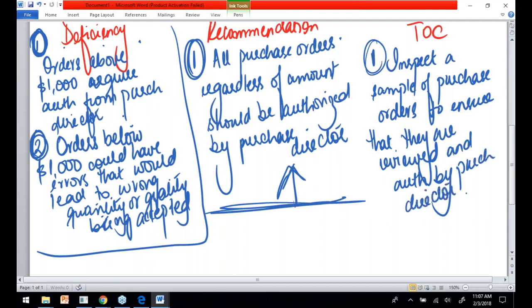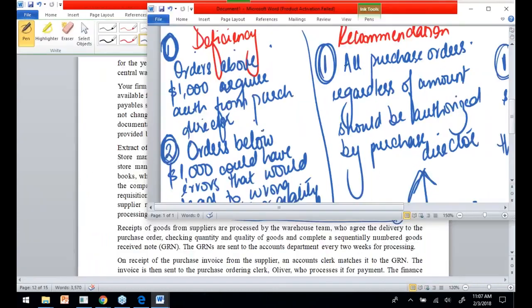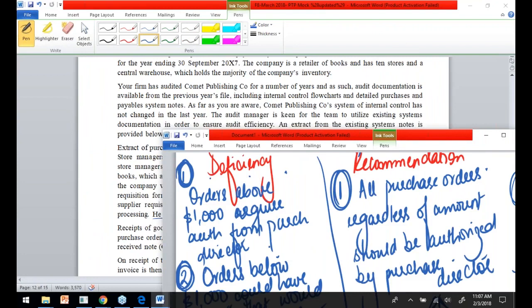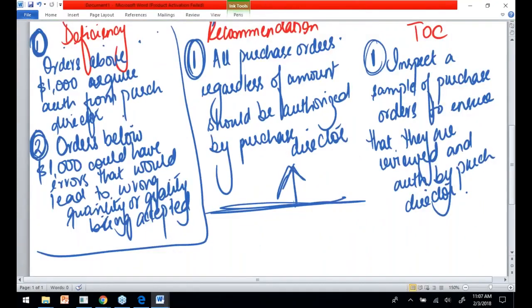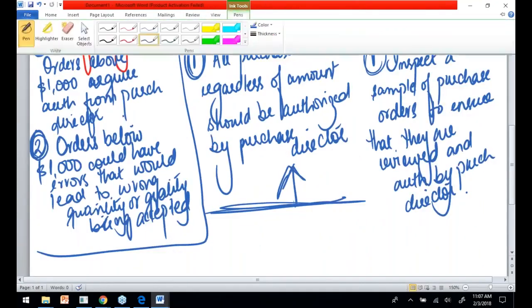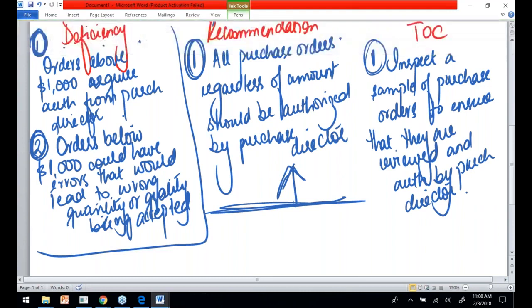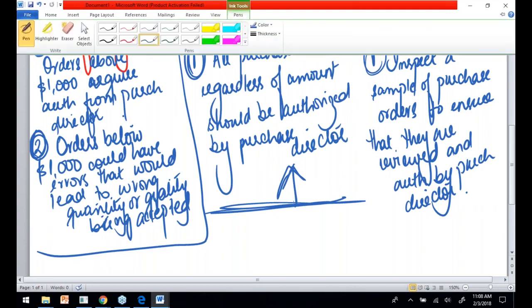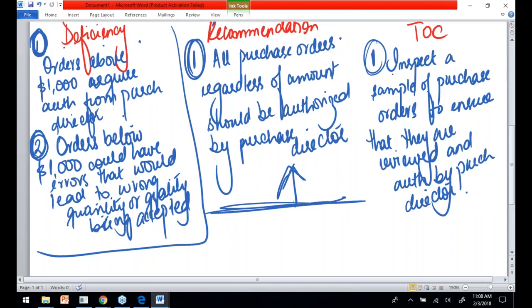Now, the best part and the easiest part about the TOCs is you can check them yourself. How? Look at this.